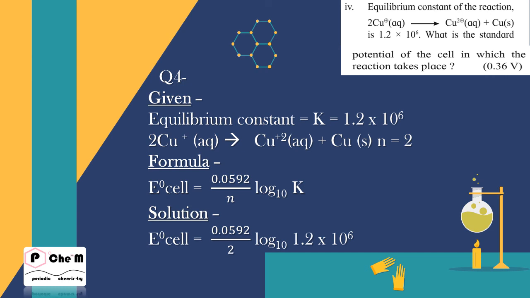I have plugged the values of n and K in the equation. After doing the calculations, we get a final answer as 0.36 volt, which is the correct answer. In the same way, we can find the cell potential if K is given, we can find K if the cell potential is given, and we can use various such thermodynamic relationships to find various thermodynamic quantities and tell about the spontaneity of the reaction.